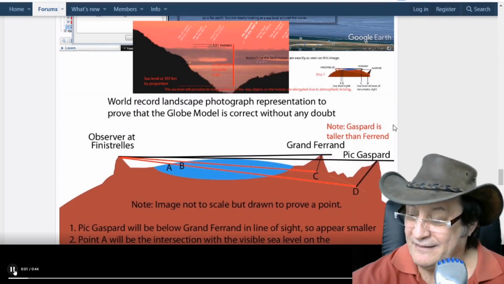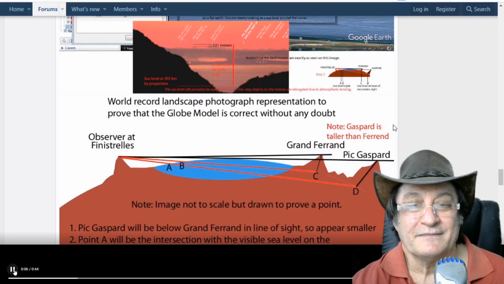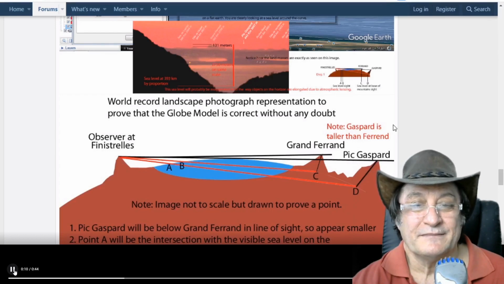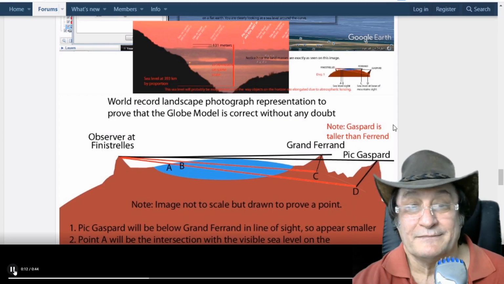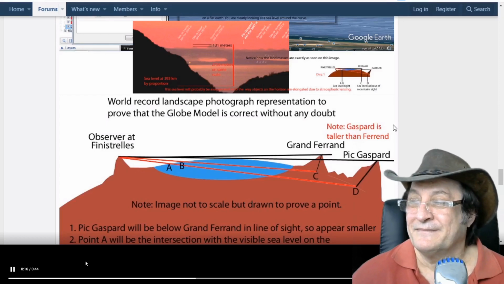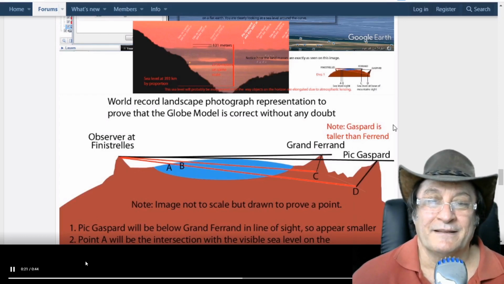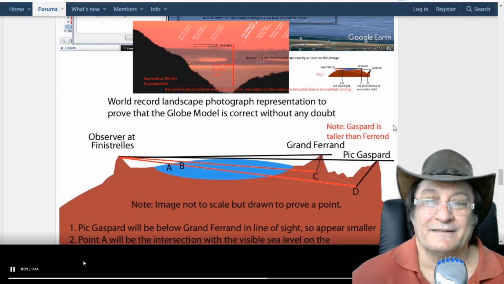The simple fact that the further away something is, the smaller it will appear, has been converted into this imaginary curve. So even though the most distant peak, Peak Gaspard, is physically larger than Grande Ferrande, it will still appear smaller because it's further away.